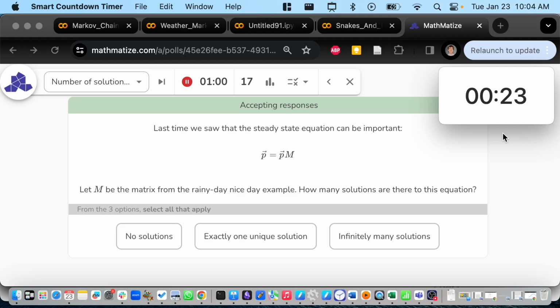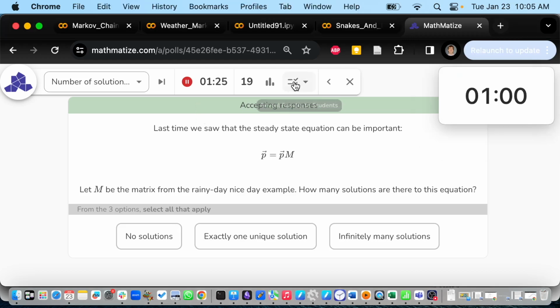Okay, let's see how many people. Two people haven't voted yet, but we're going to stop in 10 seconds regardless. Okay, so how many solutions are there to the equation?